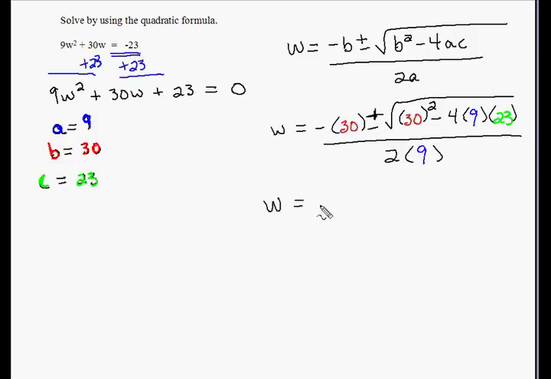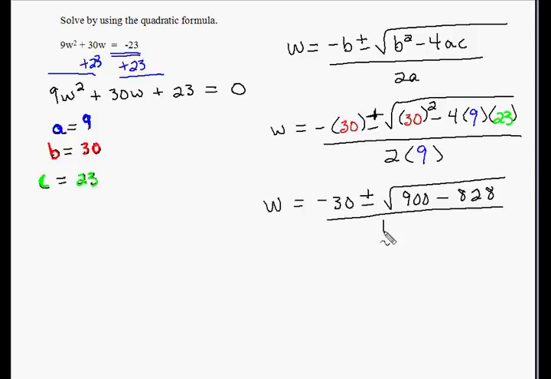We now have w is equal to negative 30 plus or minus the square root of 900 minus, getting out a calculator, we see 4 times 9 times 23 is 828, all divided by 18.